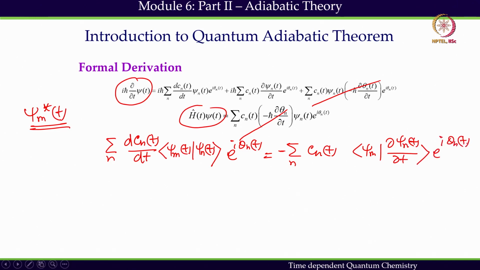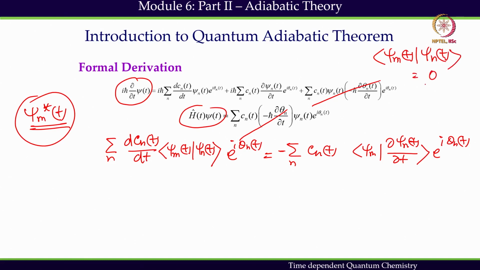So this is what I get by multiplying by this complex conjugate of psi_m, because we are going to make use of the orthonormal condition. The orthonormal condition we have seen, it is this. This is becoming 0 when m not equals n, and this is becoming 1 when m equals n.